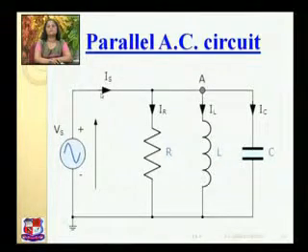Now as we know, voltage and current are phasor quantities. So if you have to add these three, it is not an algebraic addition, it is a vector addition. So if you have to find the total supply current Is, then it is equal to the vector addition of IR plus IL plus IC.